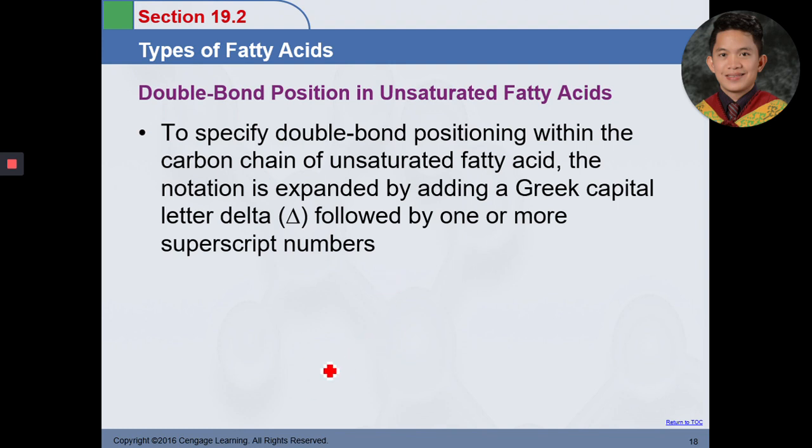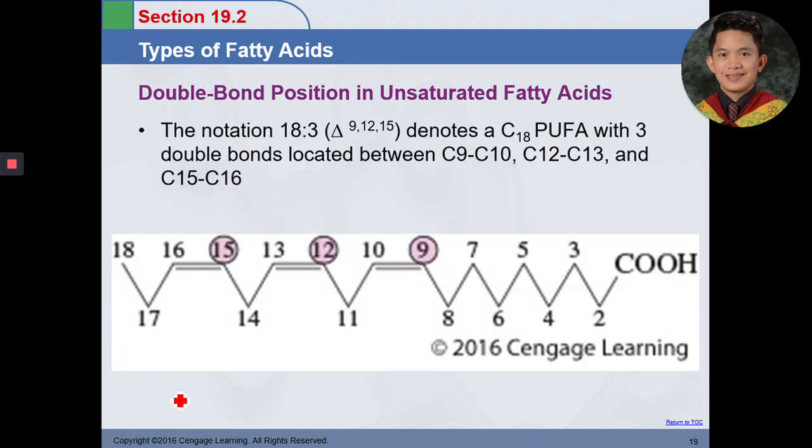Say for example, we have this one. The notation 18 colon 3 delta 9 12 15 denotes an 18 carbon polyunsaturated fatty acid.